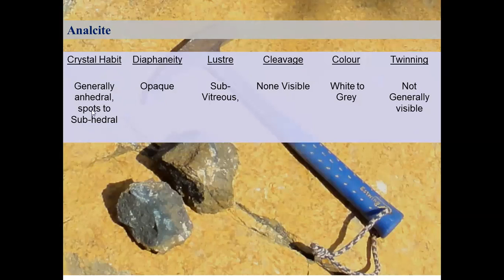Anhedral spots to subhedral, opaque, subvitreous when we've got enough of it. Can't see any cleavage, can't see any twinning, and it's this white to grey colour. Right, so those are the feldspathoids.